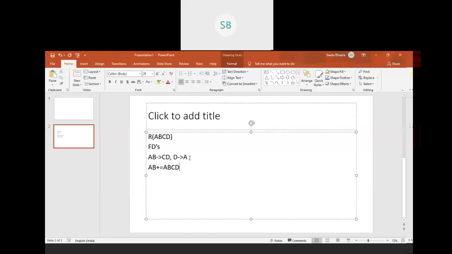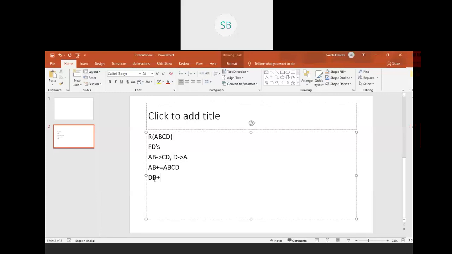Yes, it is coming in D; the right-hand side of D is A. So what you do is replace that A with D, and obviously B will be there, because B was not there in either functional dependency. Together it forms a candidate key here.